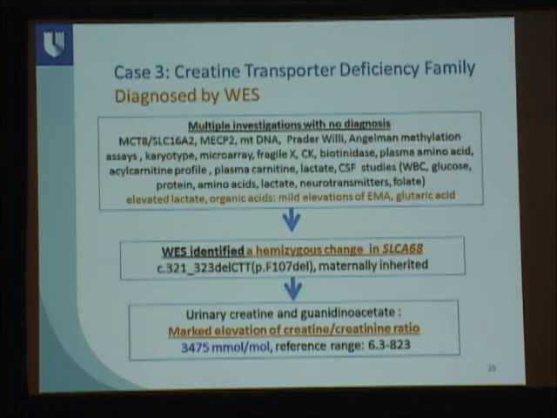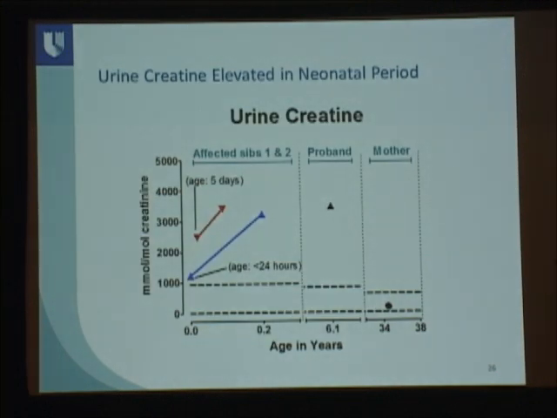They then self-referred to the sequencing clinic at Duke with Dr. Vandana Shashi, and they diagnosed the creatine transporter in this patient through exome sequencing. So we were able to do the confirmation in urine, and it is interesting that we are doing reverse biochemistry these days from whole exome sequencing, where we're asked to confirm diagnoses, where it used to be the other way around, and we're getting more and more of that.